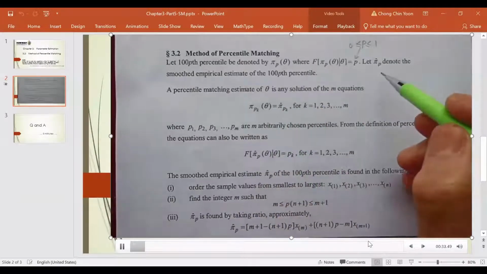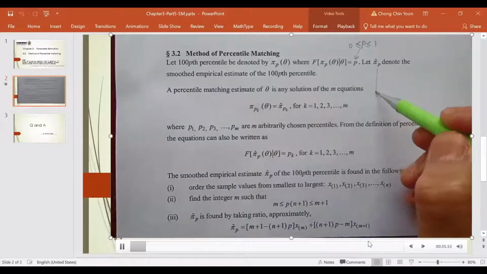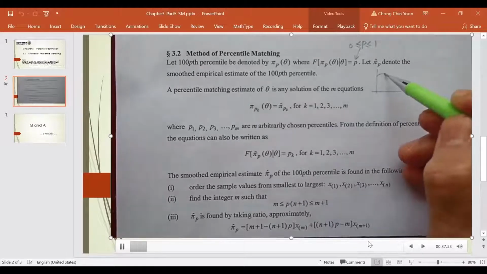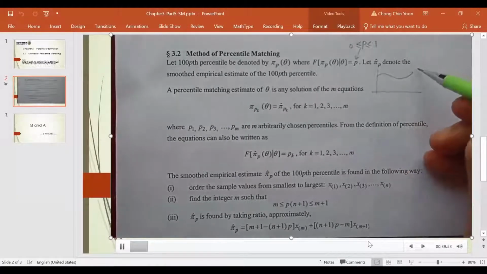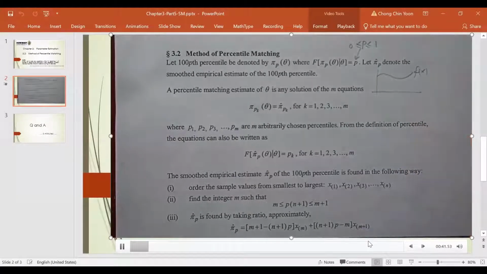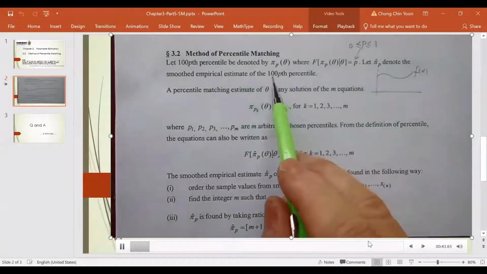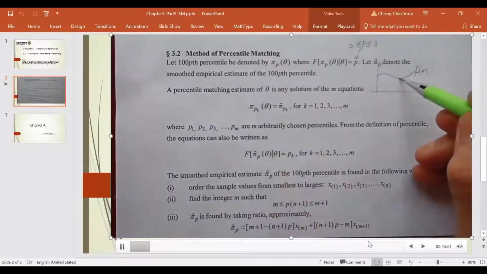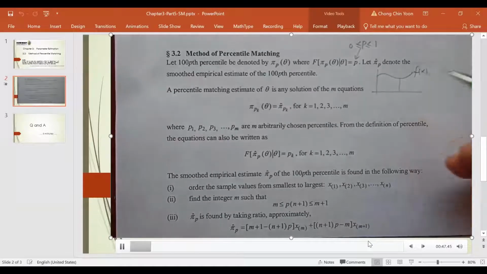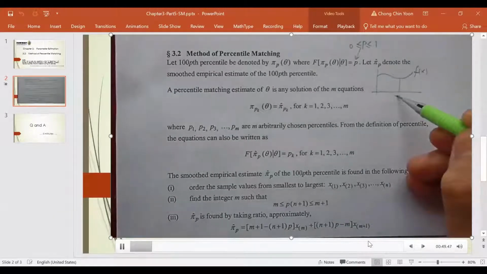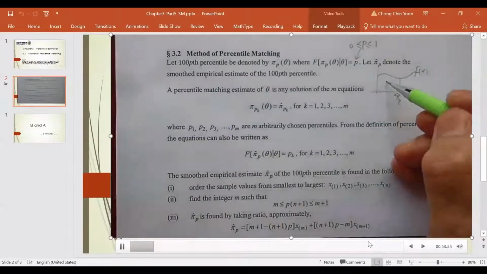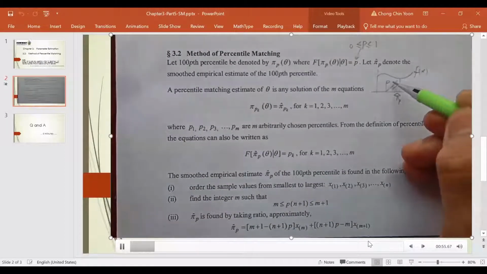This can be explained by a diagram. Suppose this is a graph of the PDF, and at this estimate of pi_p, the probability is equal to p.